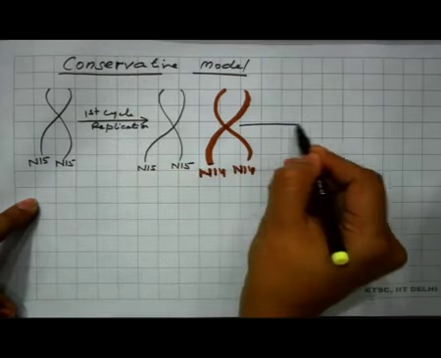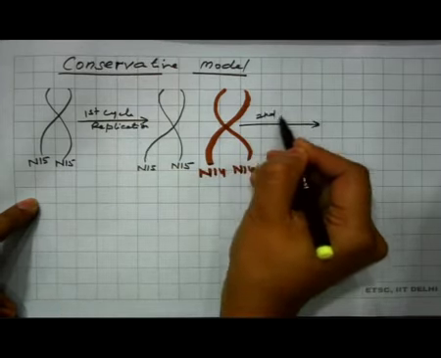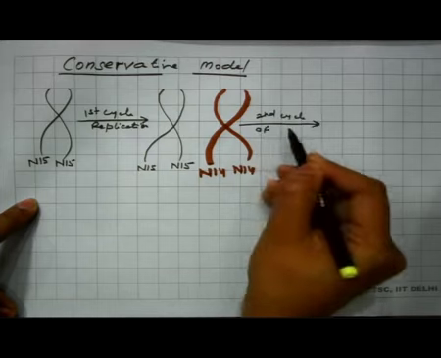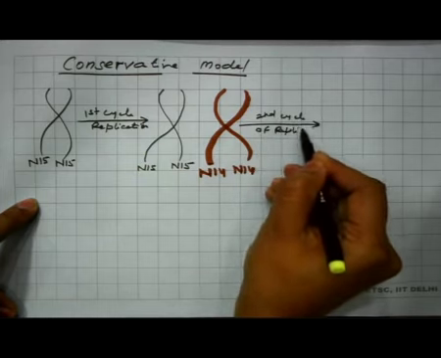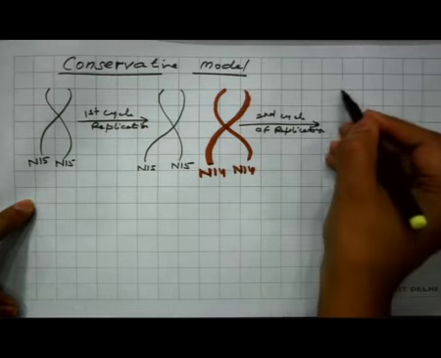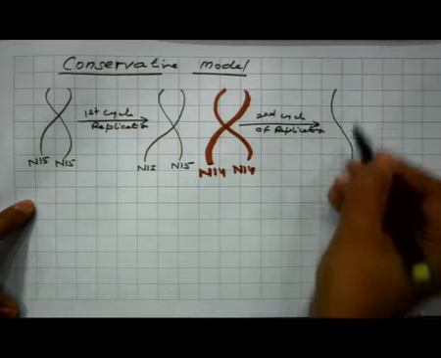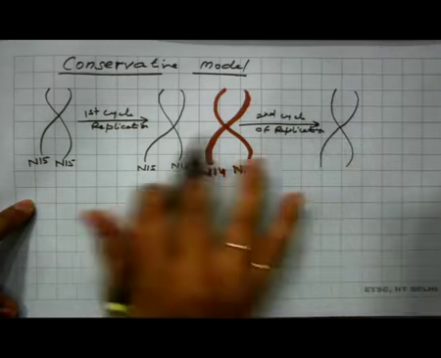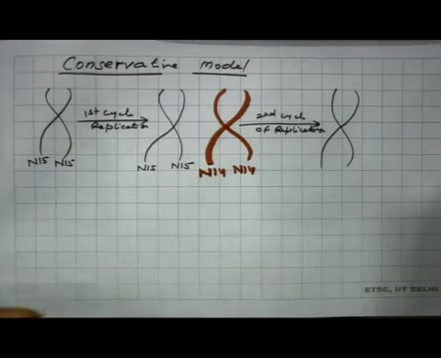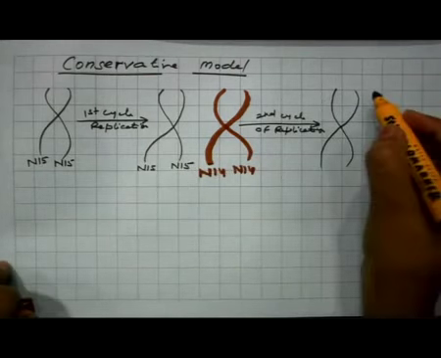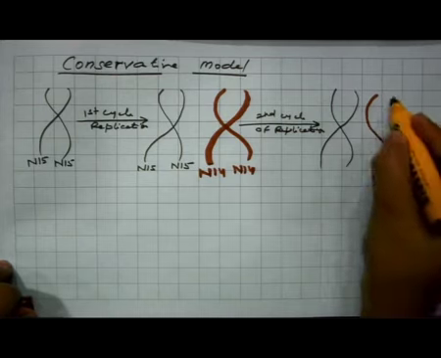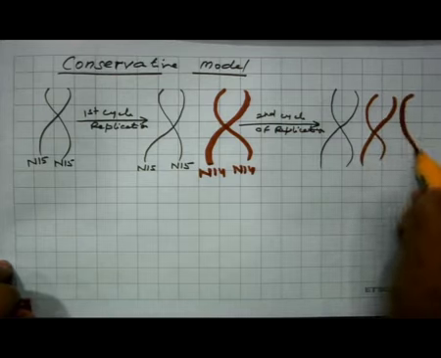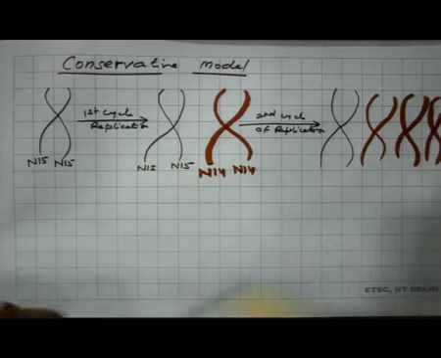And if we go for the second cycle of replication, this process will be the same. The parental DNA for the second cycle will remain as such, and two new daughter DNA will be synthesized.